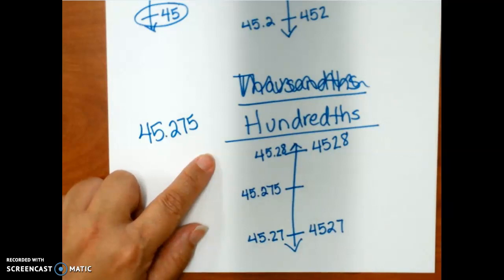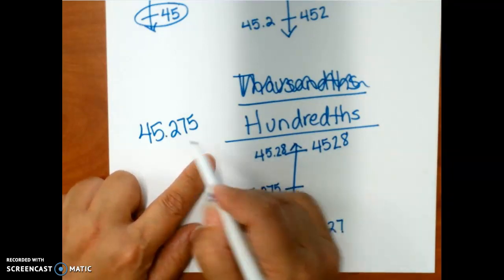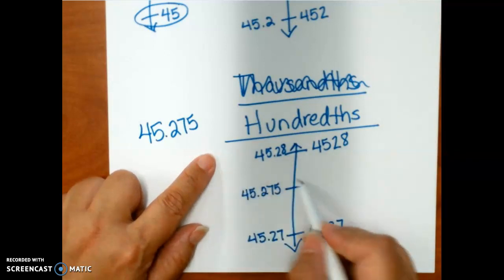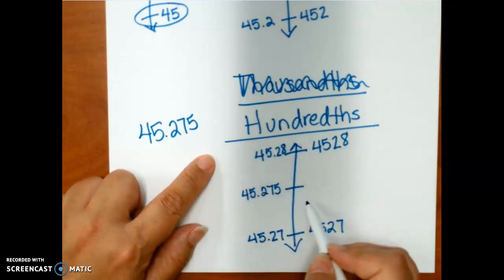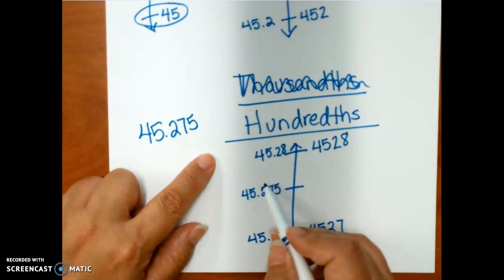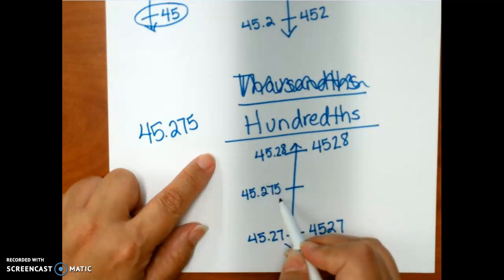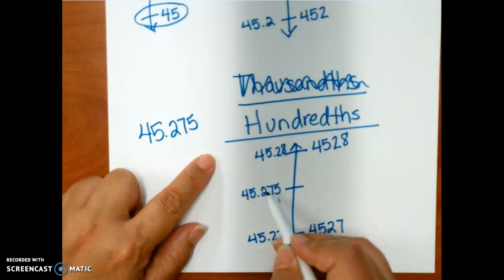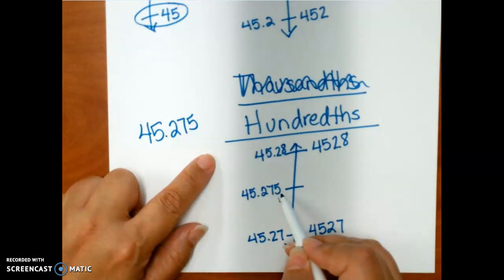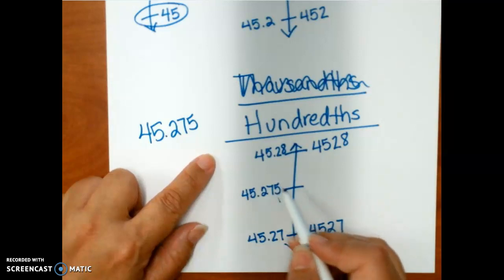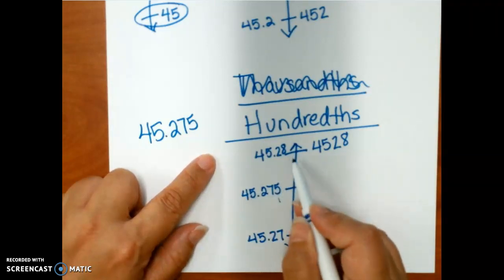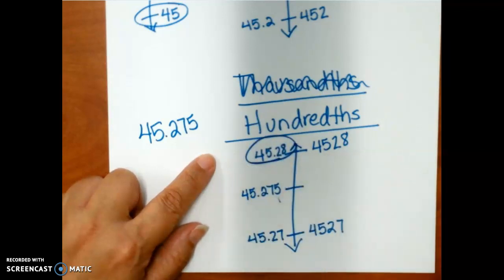Now, that's the number I'm trying to round. It's exactly in the midpoint. You may remember that if the number next to the place value you're rounding to is a 5, we always round up. So if we're at the midpoint or above it, we round up. So to the hundredths, it would be 45 and 28 hundredths.